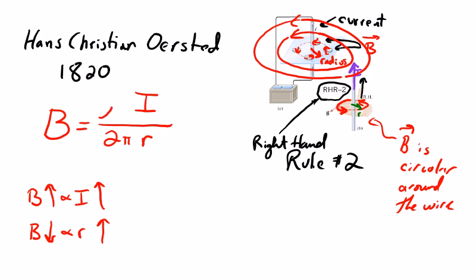The constant of proportionality looks like this. It's the Greek letter mu. We've had that before with a little 0 on the end. So mu 0 is a thing called the permeability of free space. It's just a constant.